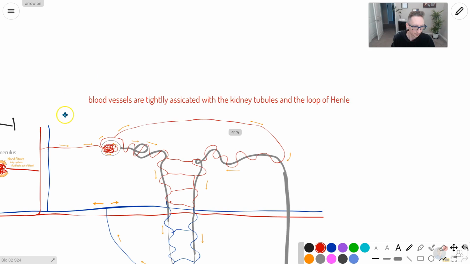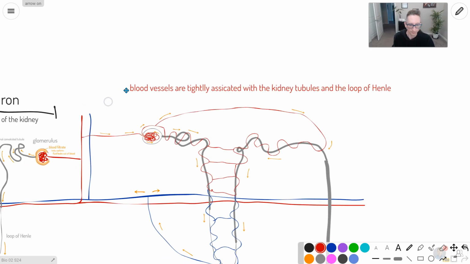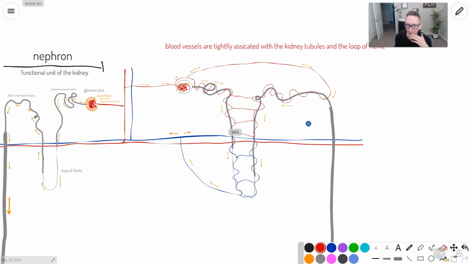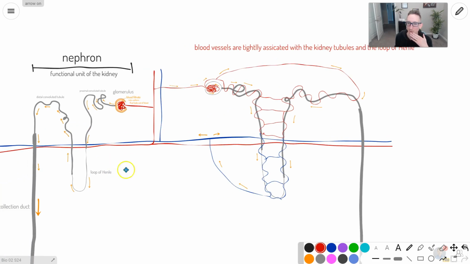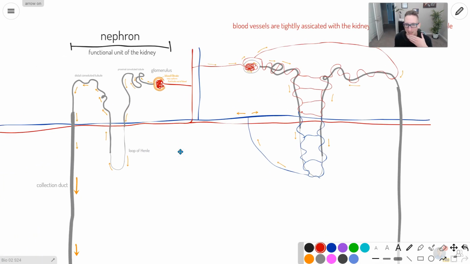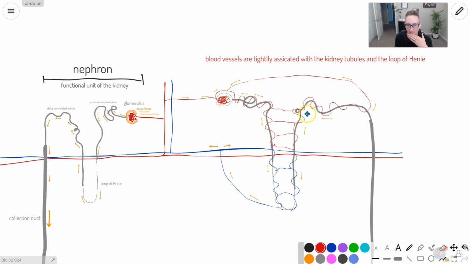I think that's all I want to talk about in this one. In the next one, we'll go into the physiology of what's going on here. So this is the basic anatomy. This is also a nephron here, tightly associated with these blood vessels.